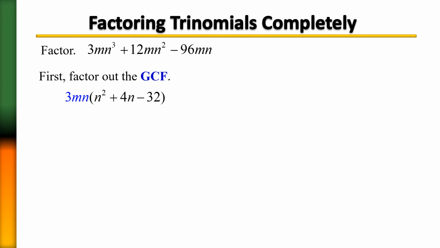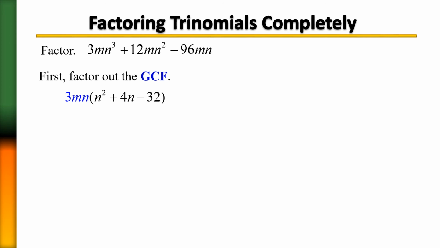You certainly have to make sure you try. So let's start with our sign rules. Recall, if the back end is a negative, the signs are different. Our middle term tells us here to make sure that the larger number is the positive, which means by default, the smaller number has to be the negative one.